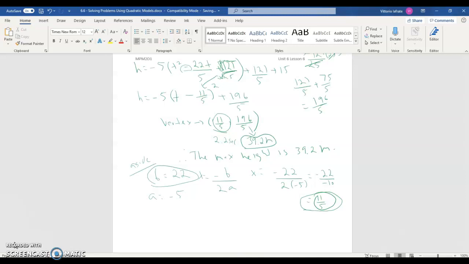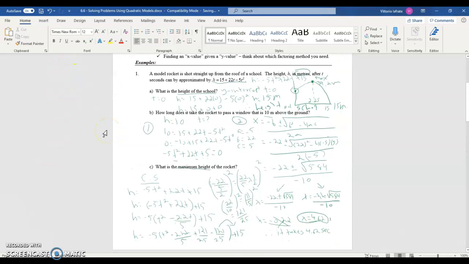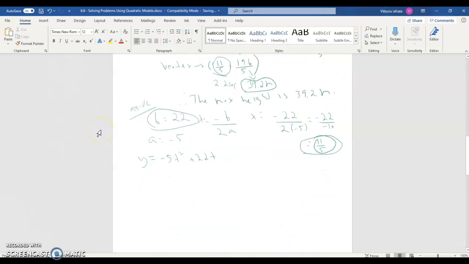Just to show you quickly how you would do that with standard form, we had y is equal to negative 5t squared plus 22t, and then my c value was, what was it again? Let's go back and take a look. Plus 15. So if I plug this into my t, I will get the y value that I expect, the 196 over 5. Let's just try that out.